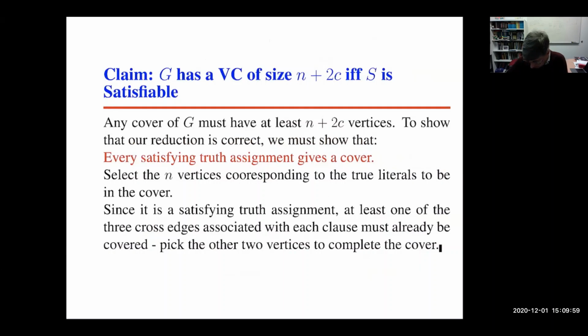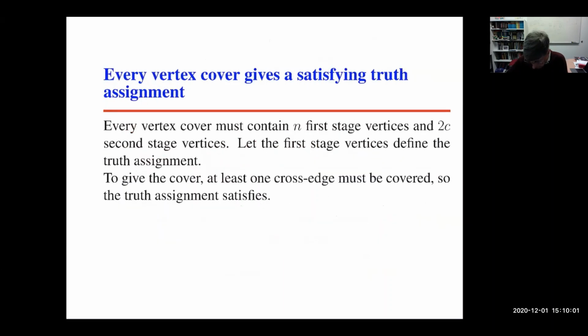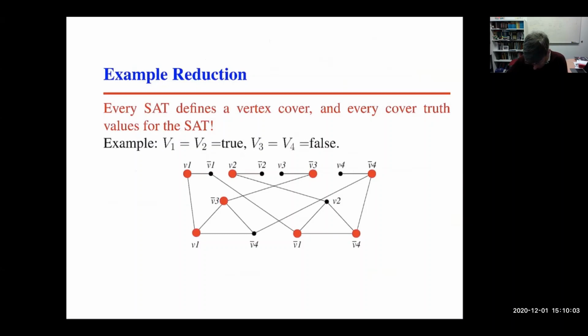Okay. So that reduction, and again, here was kind of the example, that if you had a satisfying assignment, it would give you a cover of the right size.